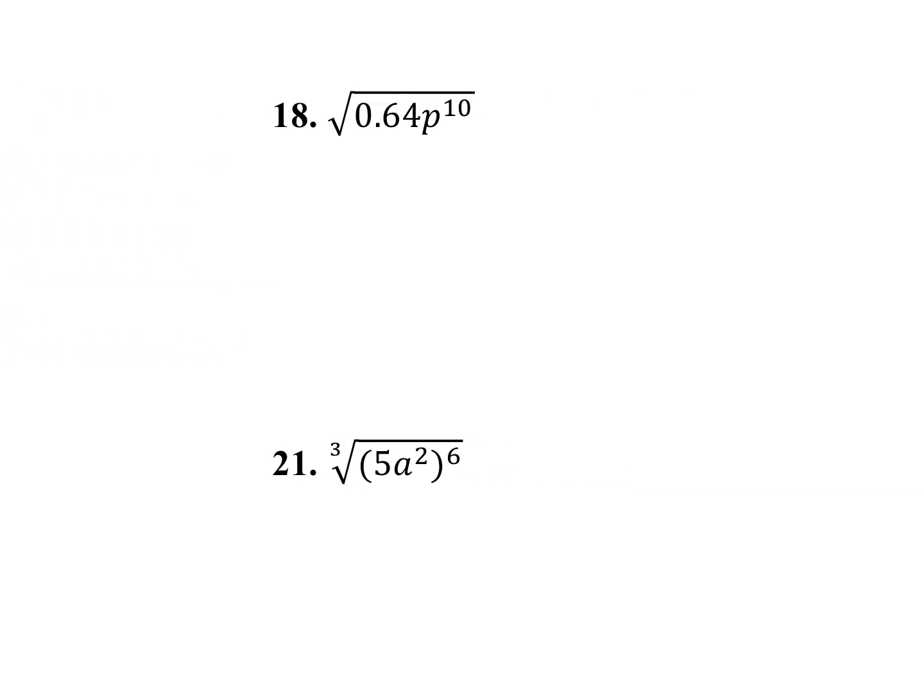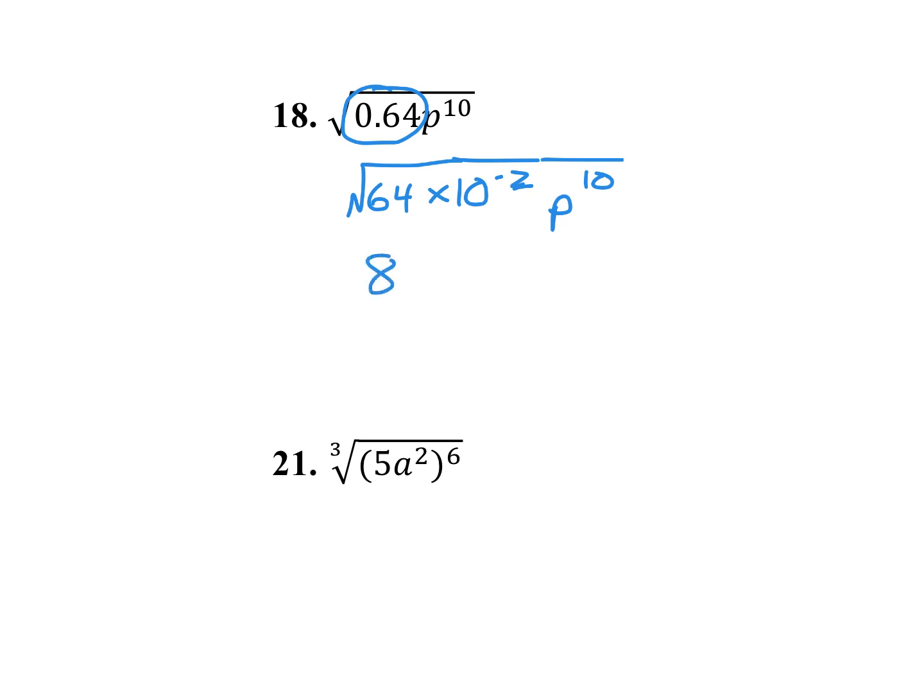Right, for 18, I could look at that and just say square root of 0.64 is 0.8. But you could also do it this way and realize that 0.64 is 64 times 10 to the negative 2. And now we just divide all the exponents by the invisible index of 2.